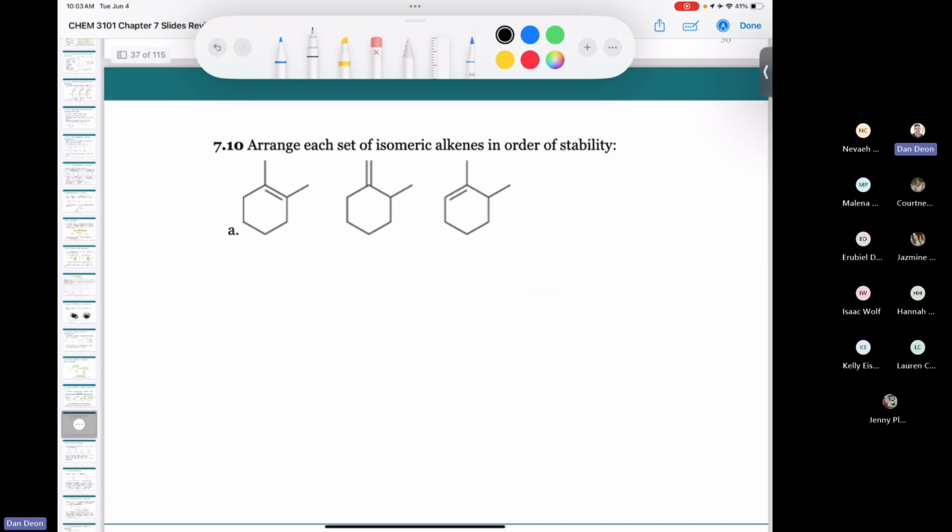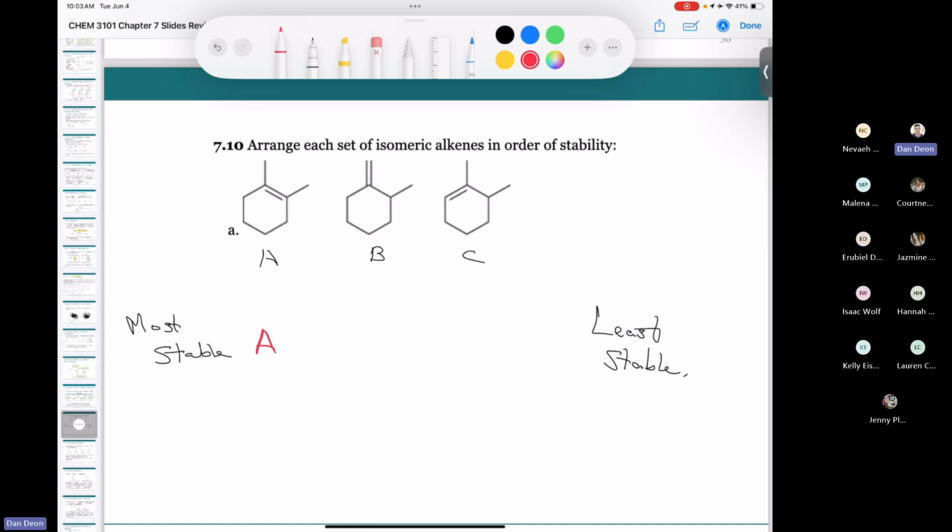So let's call this one A, we'll call this one B, and call this one C. It's not a trick question. Could anybody tell me which one of these is the most stable? Would it be A, B, or C? Remember, look at the substitution on the pi bond. Yeah, A is going to be the most stable, right?